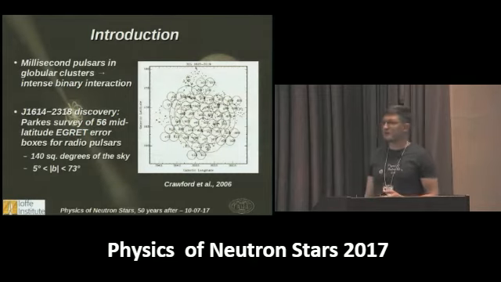But on the other hand, the strong gravitational potential of the globular cluster doesn't normally allow us to measure the intrinsic pulsar spin down and therefore its magnetic field.